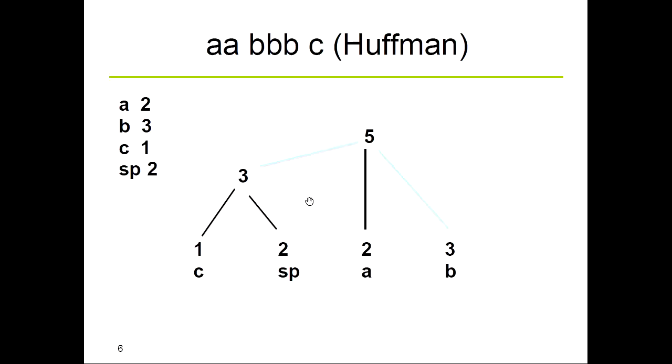Now, the next thing I'm going to do, I have choices. I can get this A, which is 2, and 3, or this 2 and that 3. If I get this 2 first, I will have a deeper tree. If I get this 2, it's more balanced.